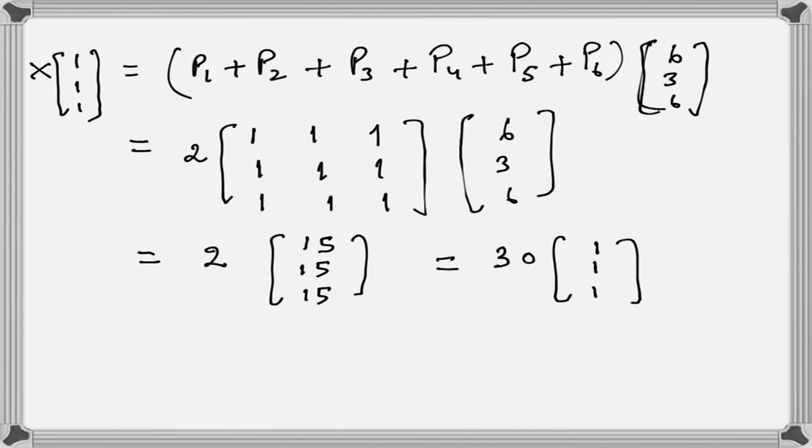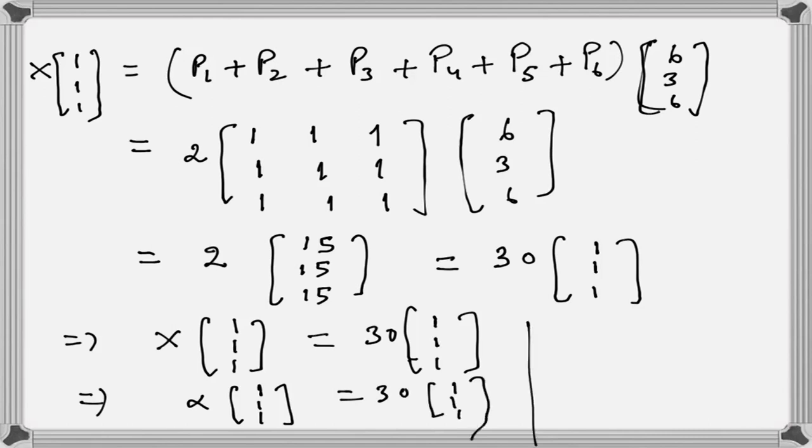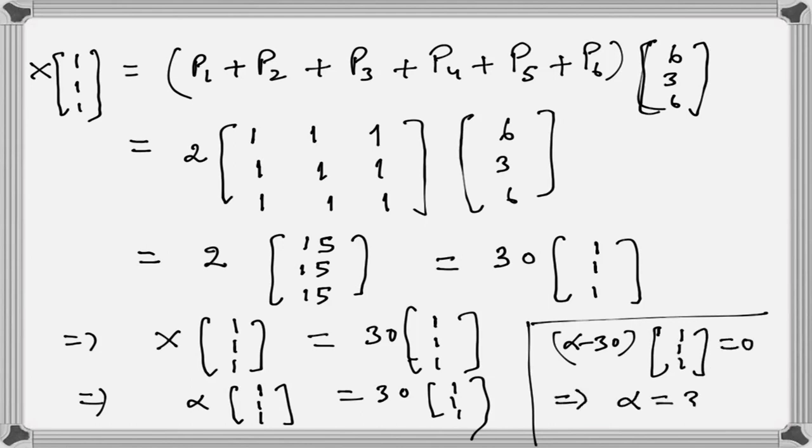This implies X (1 1 1) is equal to 30 times (1 1 1), and in the question part A, X (1 1 1) is given as alpha times (1 1 1), equal to 30 times (1 1 1). This implies alpha minus 30 times (1 1 1) equals 0, so alpha equals 30. This is what we wanted to prove.